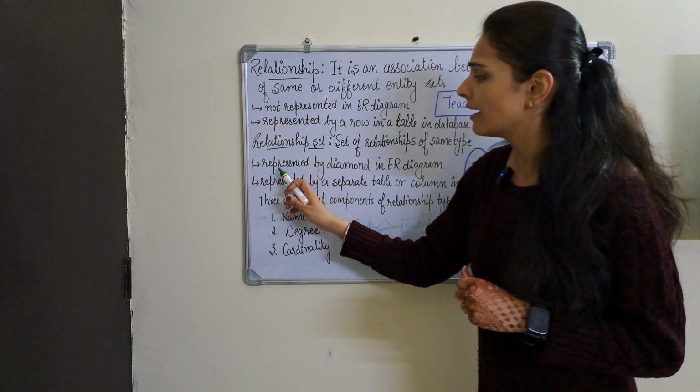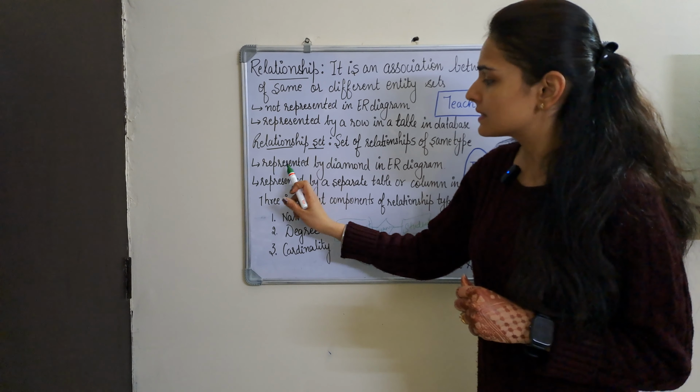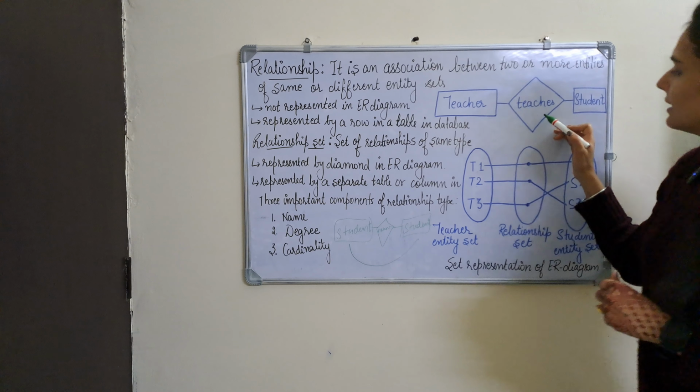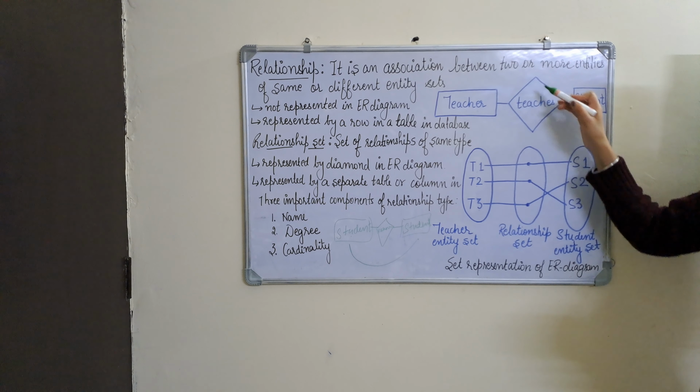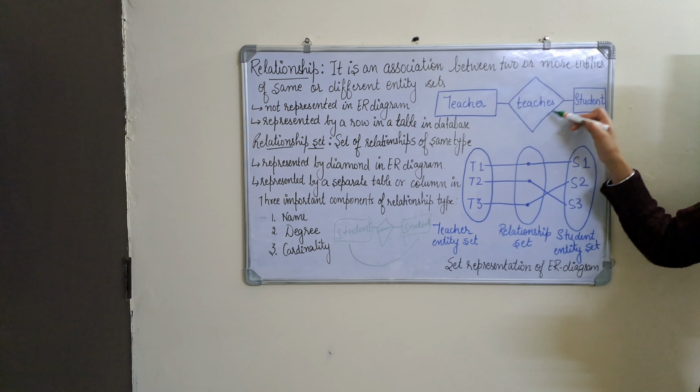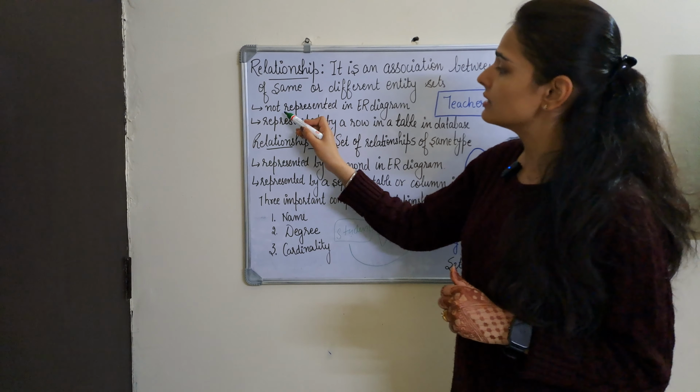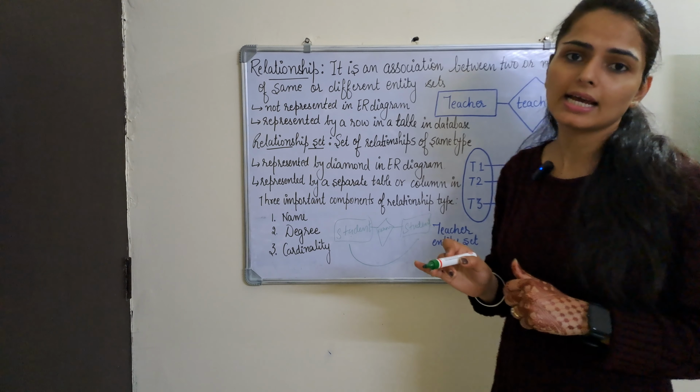Now we need to understand that a relationship set is represented by a diamond in the ER diagram. We can see over here that for representing the relationship set we are using the diamond symbol. However, the relationship is not at all represented in the ER diagram.